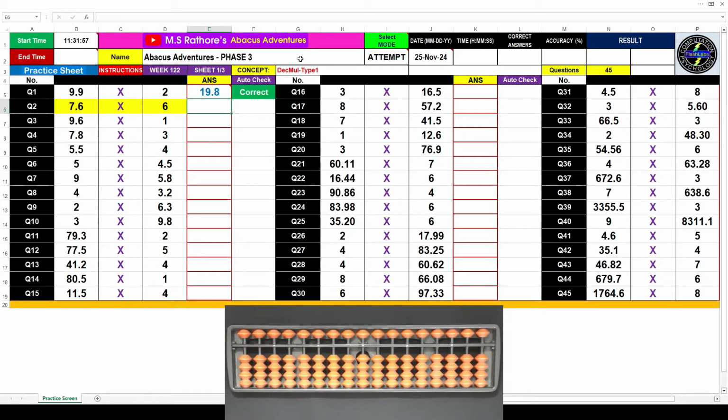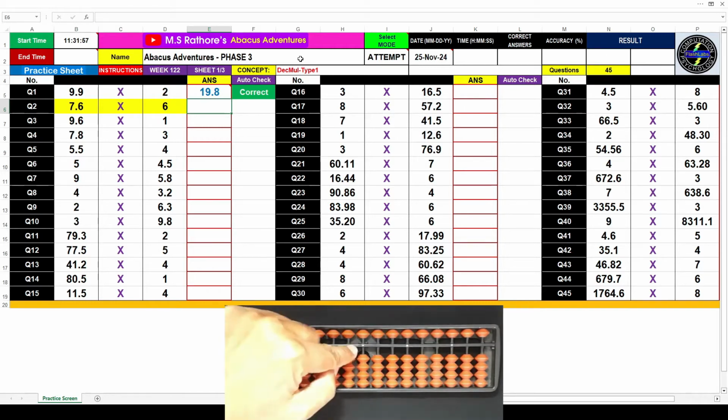So question number 2 is 7.6 multiplied by 6. The integral part in the multiplicand is 7, that is taken as one digit, and the multiplier is a normal value, that is 6. So one digit plus one digit makes 2 digits. So let's place the left index finger on rod number 2 here. Now treat the decimal value as a normal number 76 instead of 7.6.